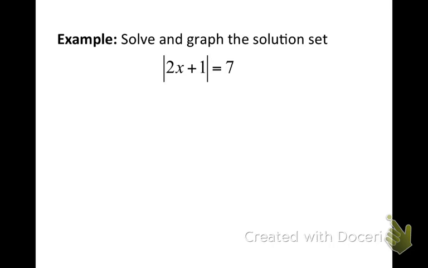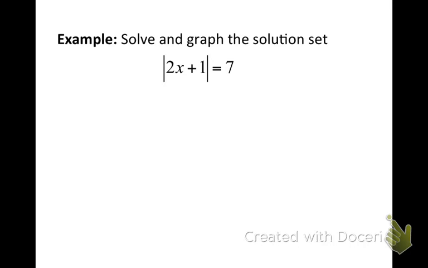So we have the absolute value of 2x plus 1 equals 7. So are we going to have an interval as my solution or just numbers? Just numbers because of the equal sign, right? Is my absolute value on the left all by itself? Is there anything in front of it here? Is there anything behind it here?